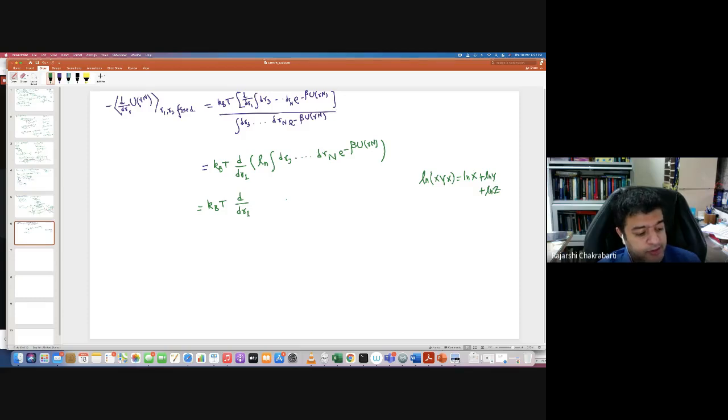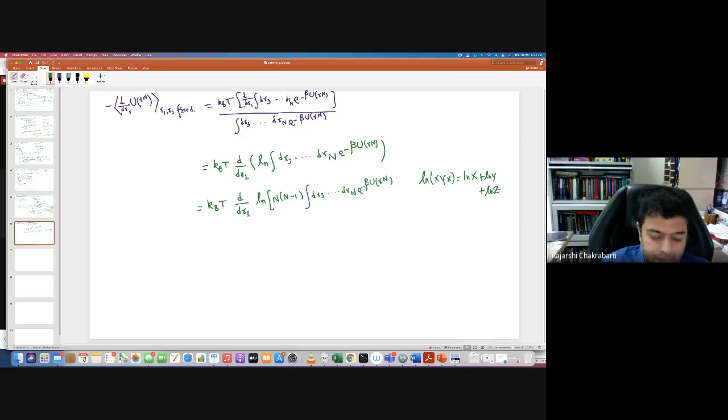What I want to do, I can write it as ln of N into N minus 1 into the integral over dr3 to drN.